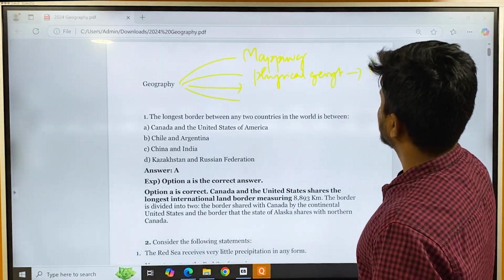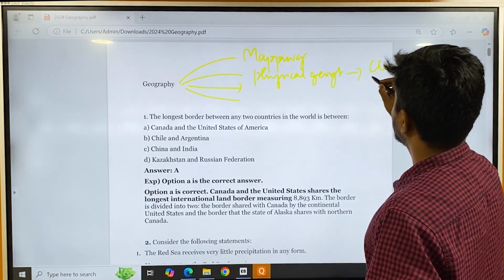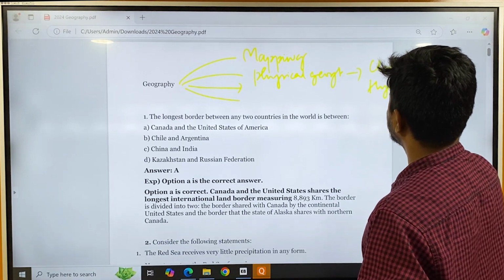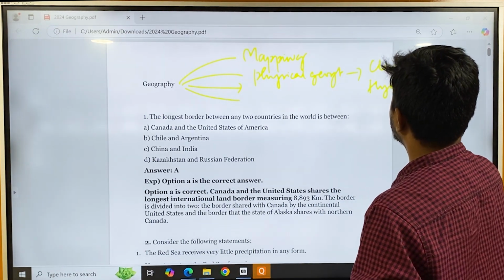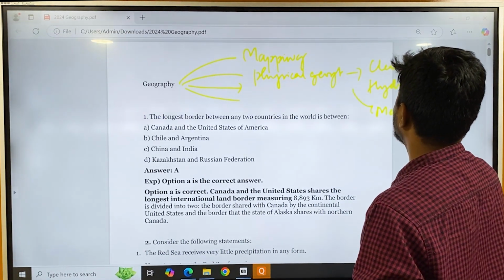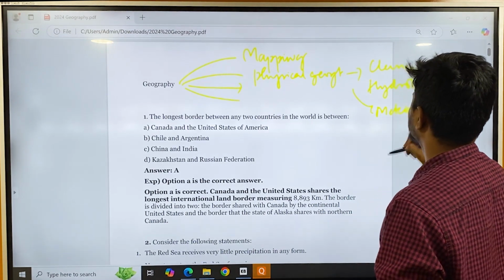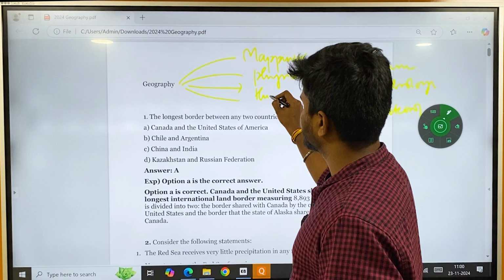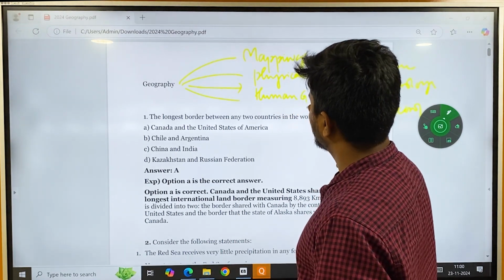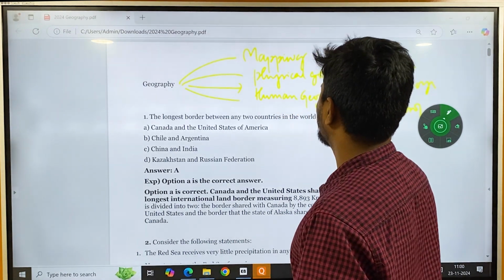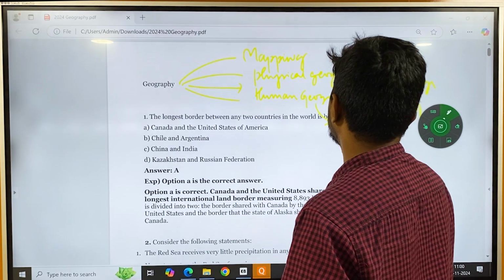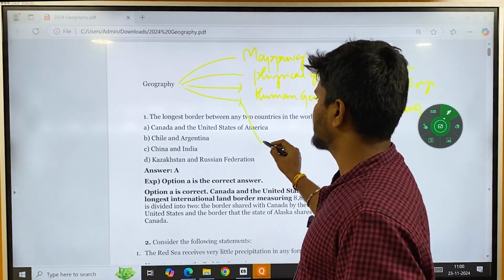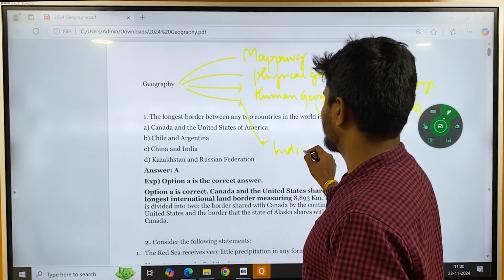It constitutes climatology, hydrology, meteorology, all these things. A physical phenomenon comes under physical geography. And then we have human geography, in the sense human development index and other things, and the rest is Indian geography.